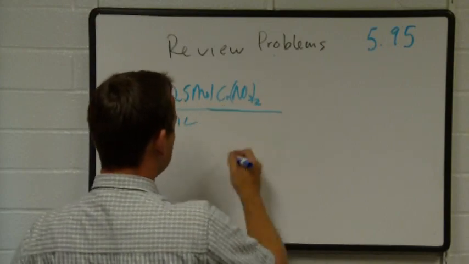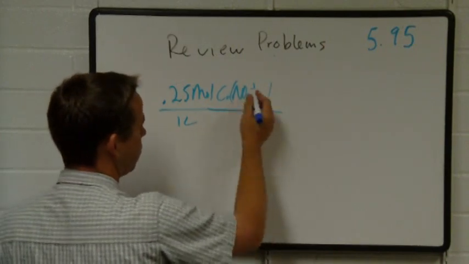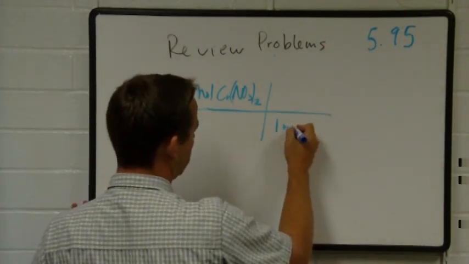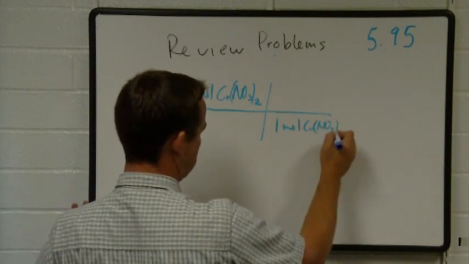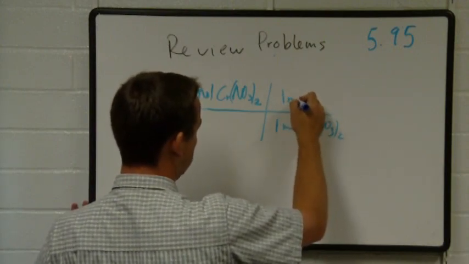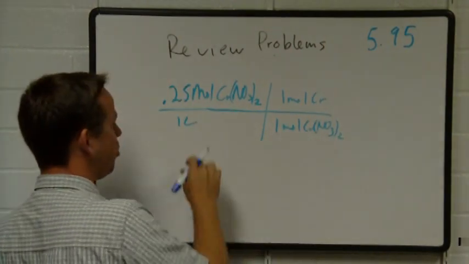All right. So if that's how many moles I have per liter, then how many moles of chromium am I going to have? Well, for every 1 mole of chromium nitrate, I'm going to have 1 mole of chromium. All right. So it's going to be 0.25 molar in chromium.